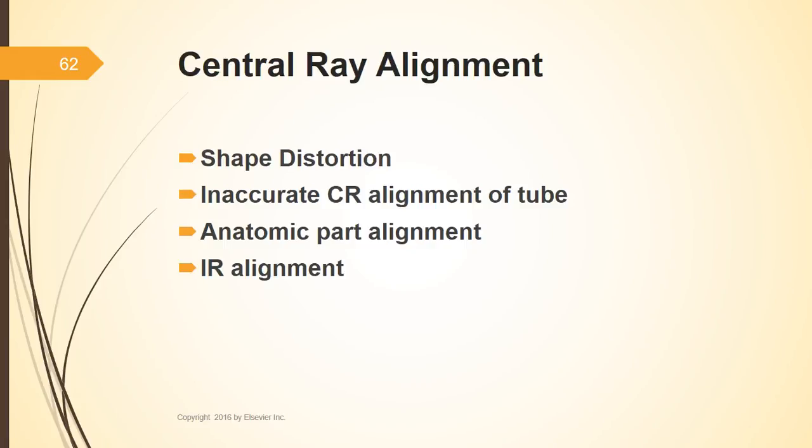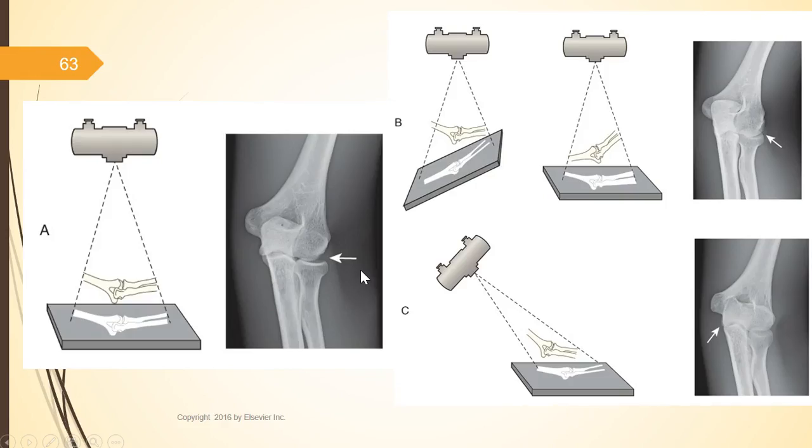You can also have anatomic part alignment, which is the new one, because we only talked about the tube before. If your tube is angled, then you get foreshortening and elongation. But if you change your anatomic part or your image receptor and they've been moved, that can also be a problem. So look at this image right here, and this is out of your book.